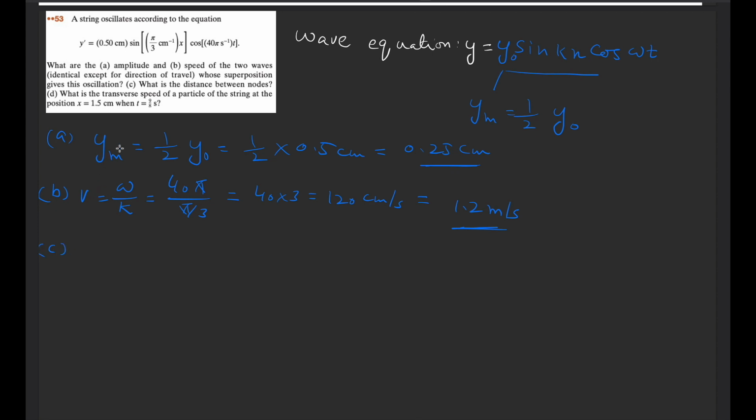What is the distance between nodes? So first of all, we will calculate the wavelength of this wave. The wavelength is given by 2 pi upon k, and k is pi by 3.